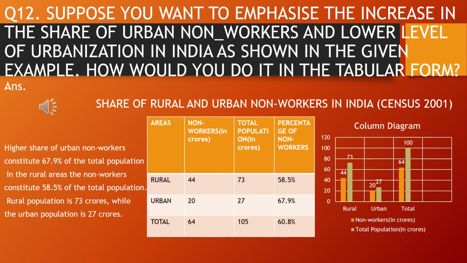So here the rural population is 73 crores while the urban population is 27 crores. So we represent this table in the column diagram, which shows that the rural non-workers are more than the urban non-workers, while the total population in the rural area, which is 73 crores, is also more than the urban total population, which is 27 crores. So in this way we represent the column diagram from the given table.